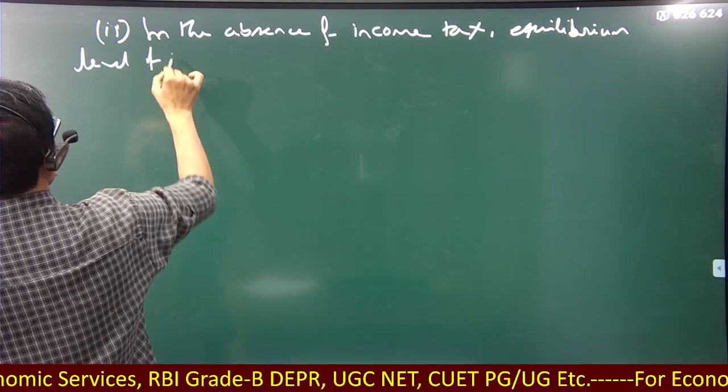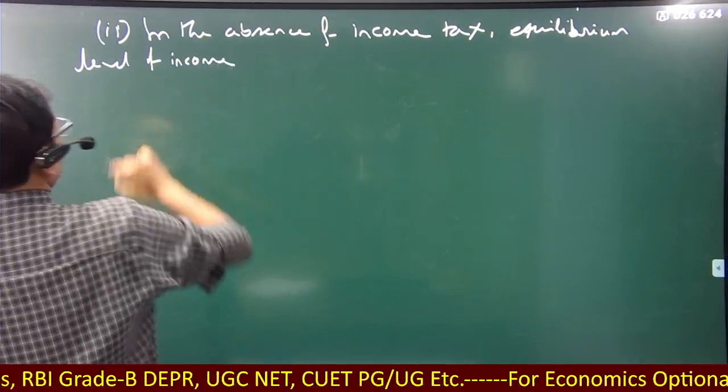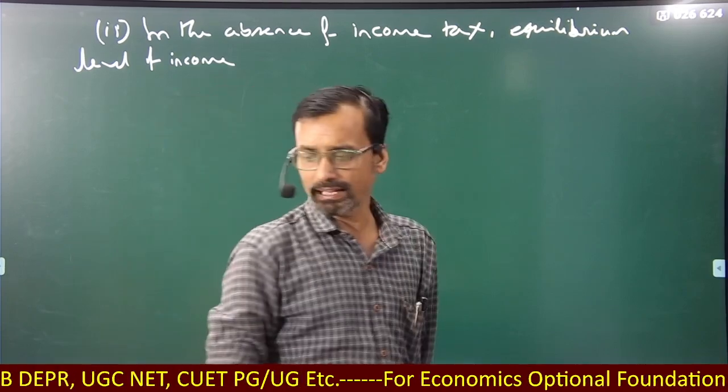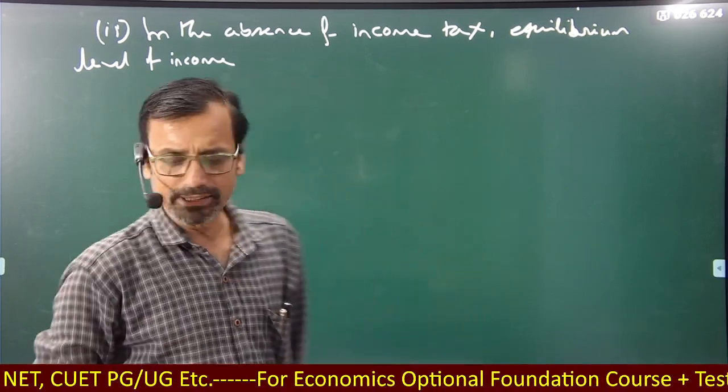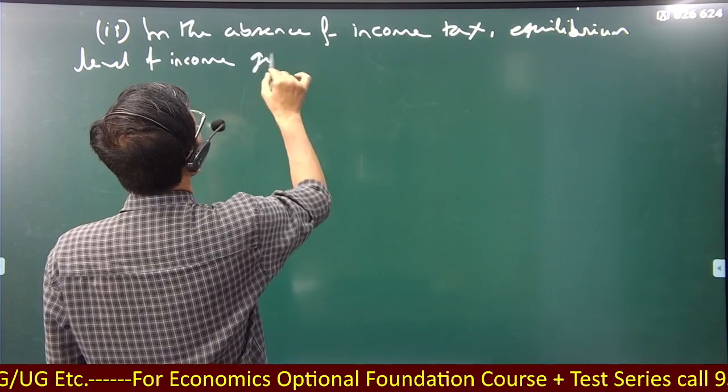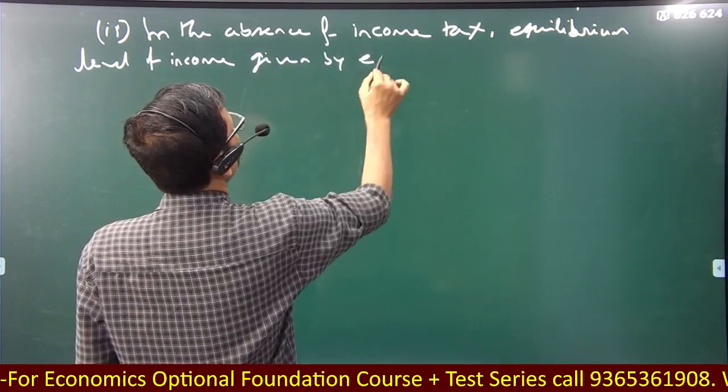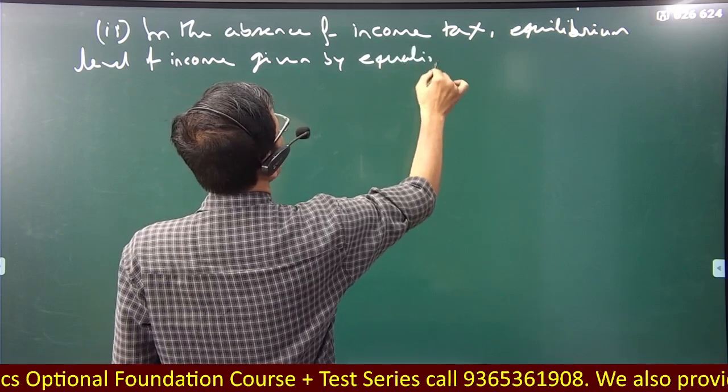In the absence of income tax, the equilibrium level of income is given by the equation. So what will be the equation?